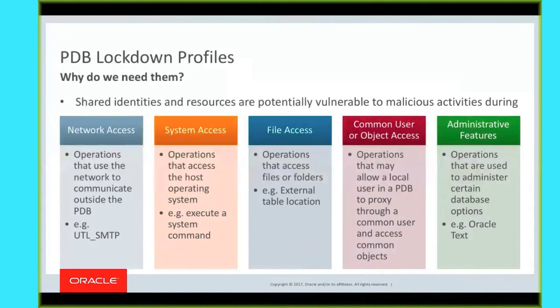If you're familiar with multi-tenant a little bit, we have a concept of common user in Oracle multi-tenant, which means a user that can operate in more than one PDB, basically a user that we define at the CDB level and that has access to multiple PDBs. And we also have the common object concept as well. On the other hand, local users are restricted within the scope of a single PDB.